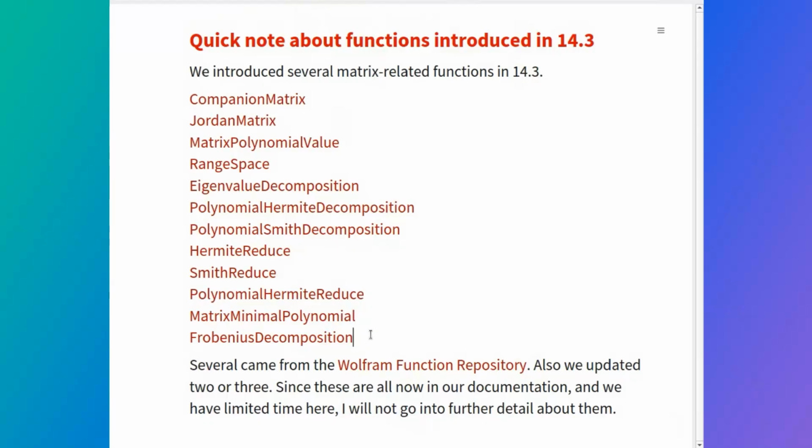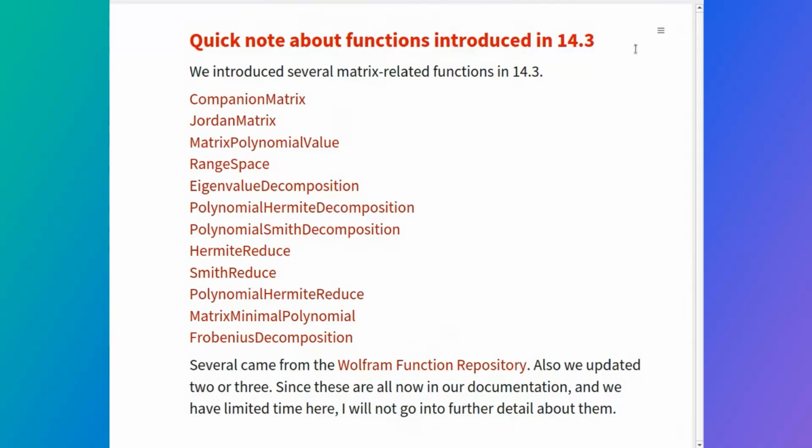Frobenius decomposition we had not had, and that's sort of like the Jordan decomposition, but it doesn't involve creating these horrendous root-object-y things, so you get much more concise results and sometimes more usable.